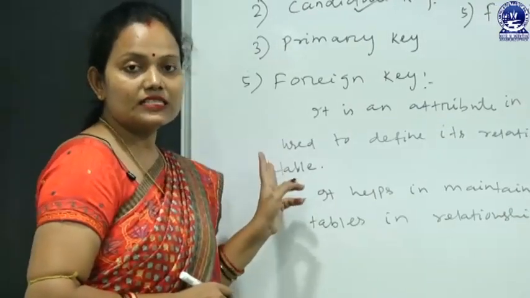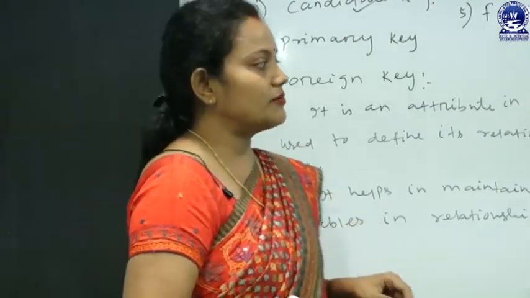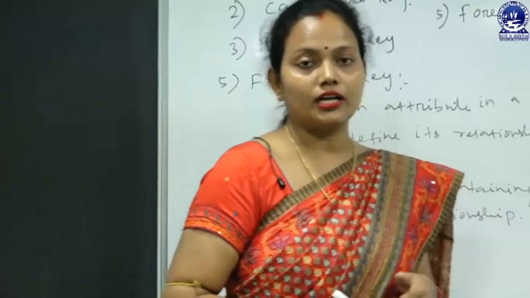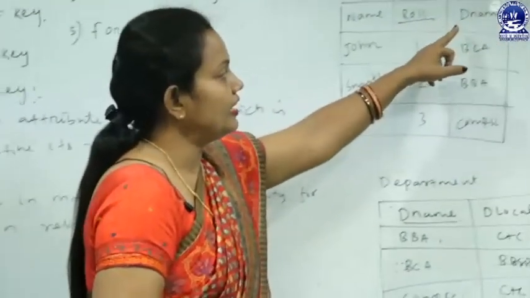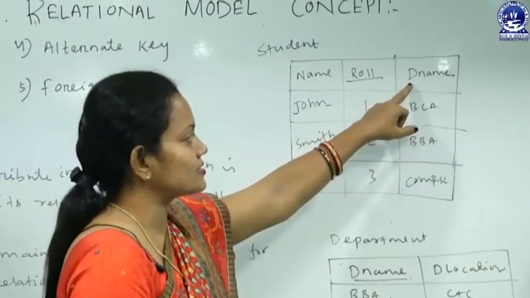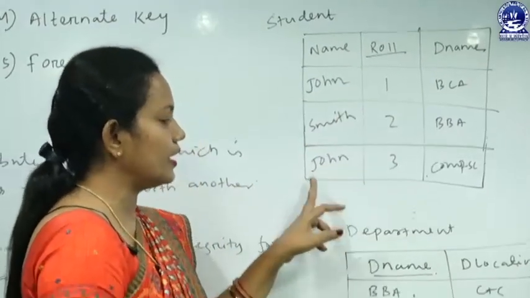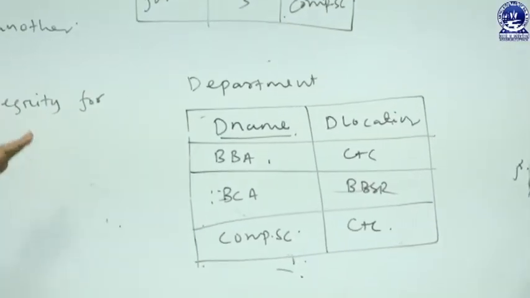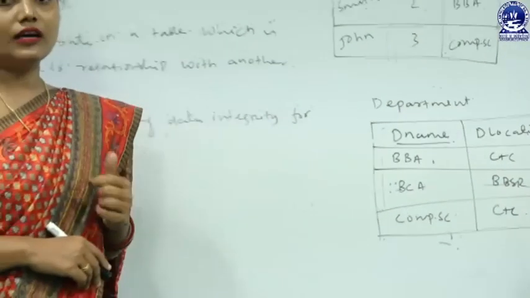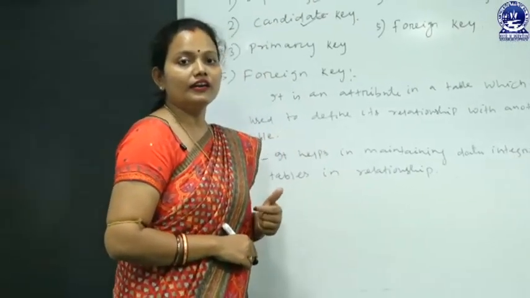That means this key is used to establish a relationship between the tables or relations. That means here the D name attribute is used to establish the relationship between the student and department tables, and this foreign key is basically used to maintain the data integrity in the relation.